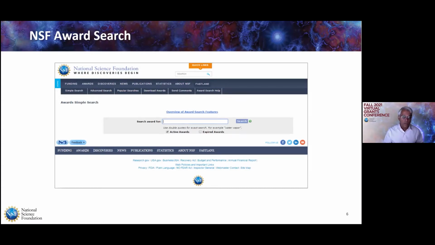You might want to go in first into the award search tool and type in those keywords and see all the awards that have been funded in that specific area. And then you can click on any one of those awards, and that page will show you which specific program funded that award. So it's a great way for you to associate a research topic that you have with specific funding programs that NSF is offering.